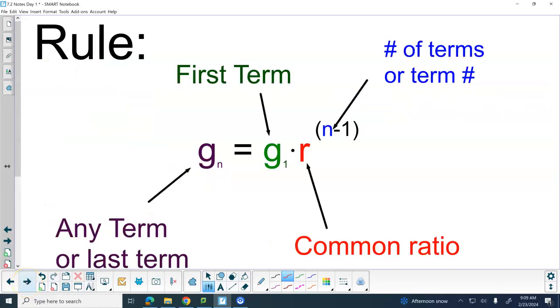Okay? So the general rule, notice how the general rule has changed on geometric sequences. So that any term, and notice that we've switched from A's. We used A's in arithmetic sequences.